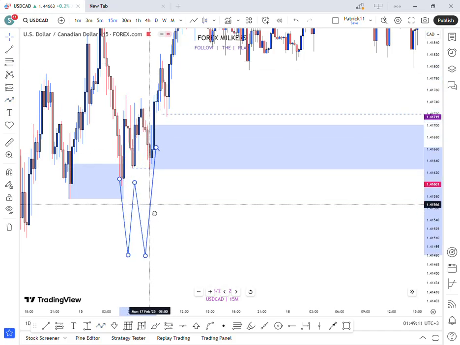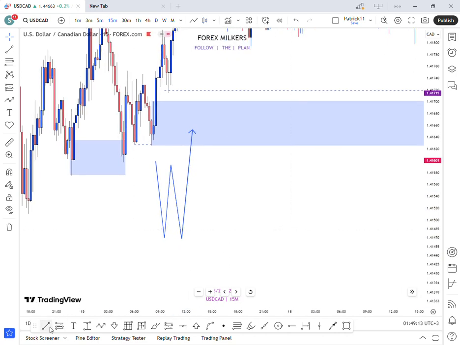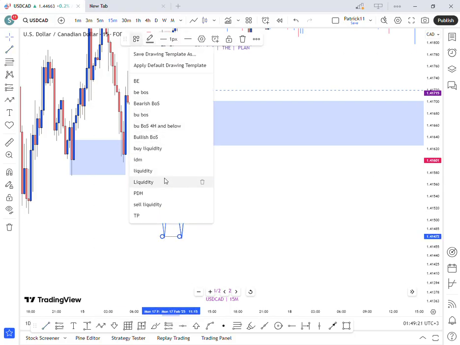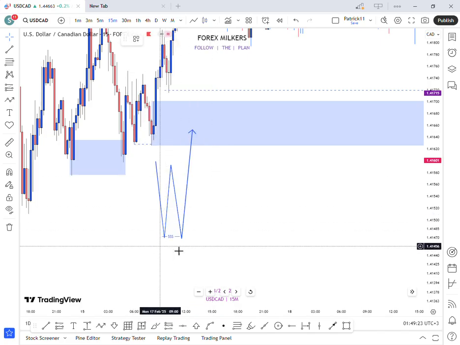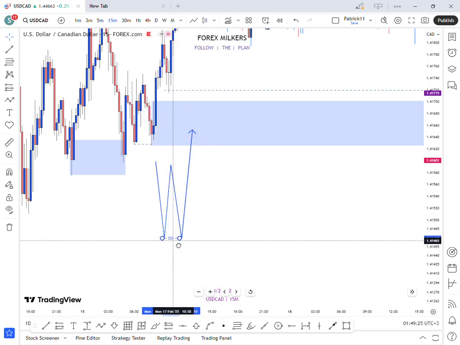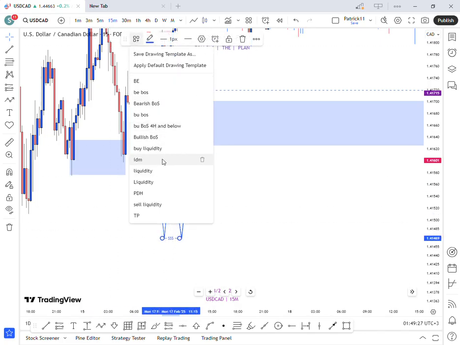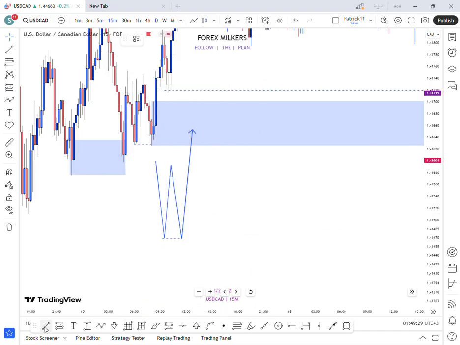So if I pull out this, you see that price took out the previous low. So price took out liquidity and then price shot up to the upside.